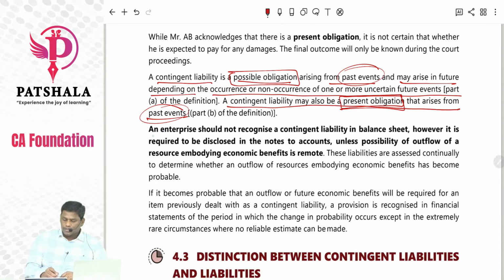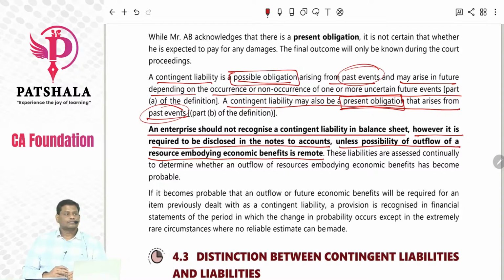See what it says: an enterprise should not recognize a contingent asset, and a contingent liability also will not be recognized. However, it is required to be disclosed in the notes to accounts unless the possibility of outflow of resources embodying economic benefits is remote. Okay, let's go to the next point.